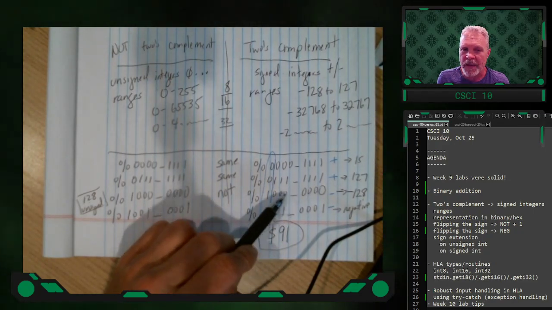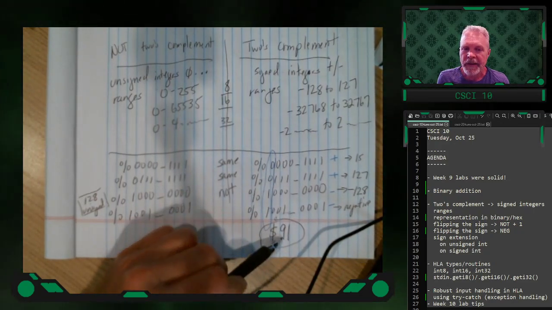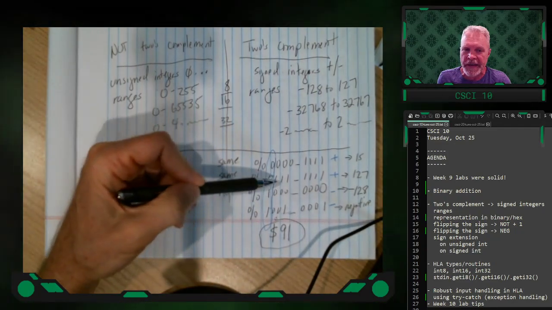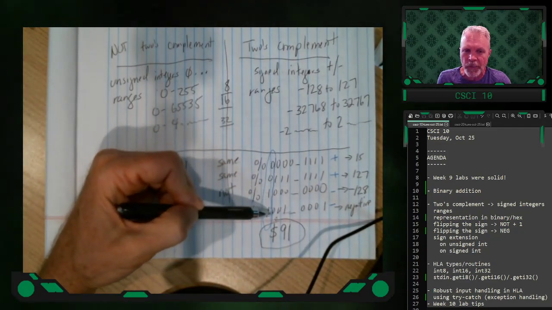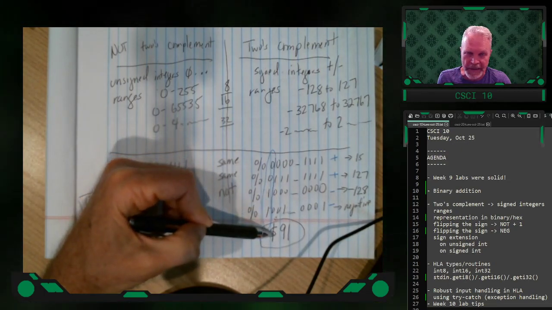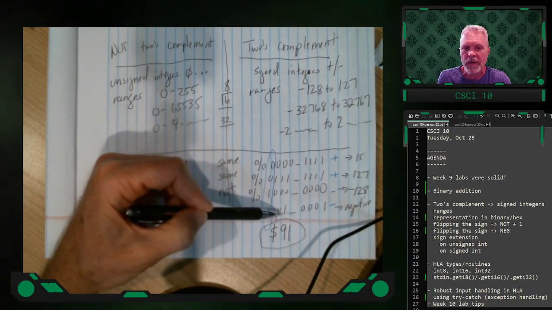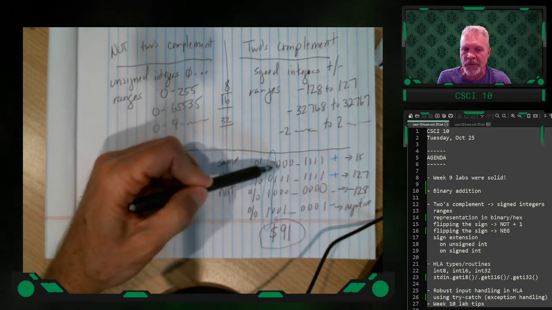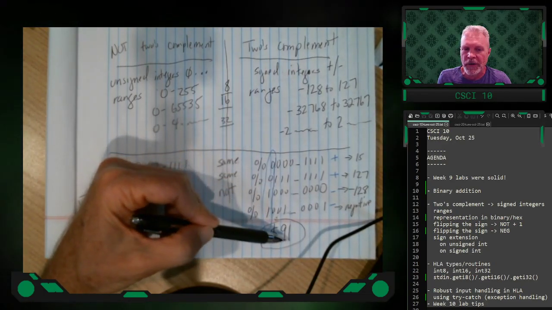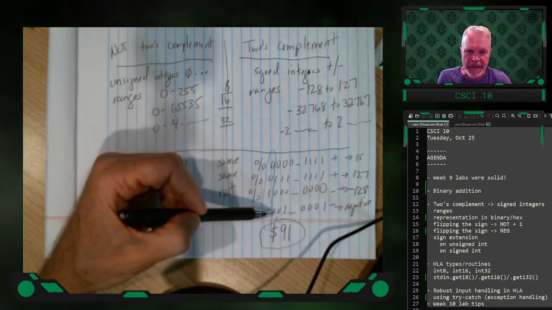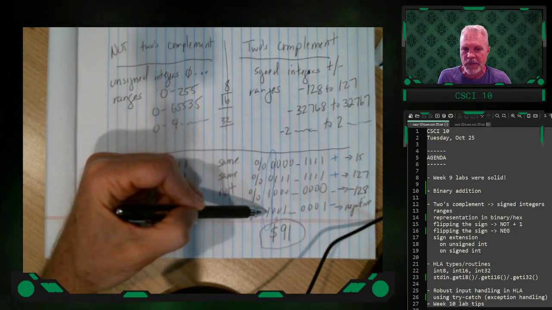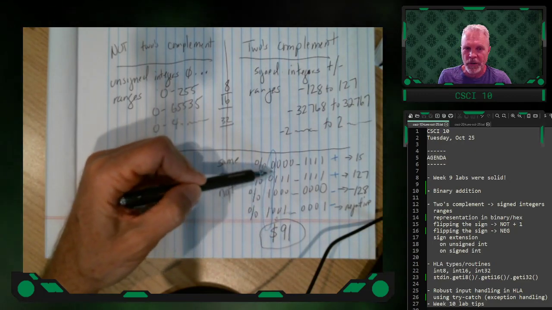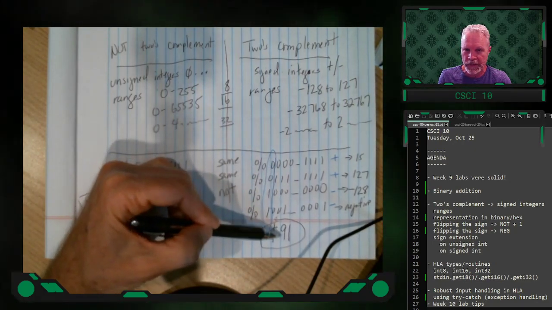So these can be represented in hex, but if you want to understand the system of two's complement, I don't find hex very useful, even though we can still represent it in hex. Writing it out in binary is very, very helpful. I don't know how to do hex math off the top of my head, and I also can't easily see the high order bit to know if it's a 0 or a 1 when it's written this way.